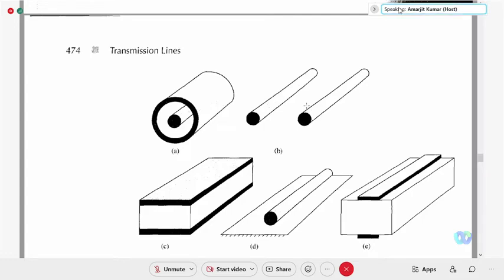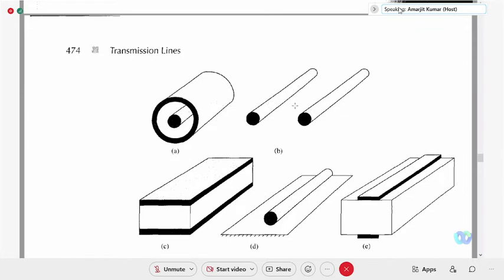What about the dielectric, which is in between the two conductors? How can we characterize the dielectric material? Again, what is the conductivity of the dielectric? You can say that is sigma dielectric. If it is a perfect, lossless dielectric, then sigma dielectric will be 0.